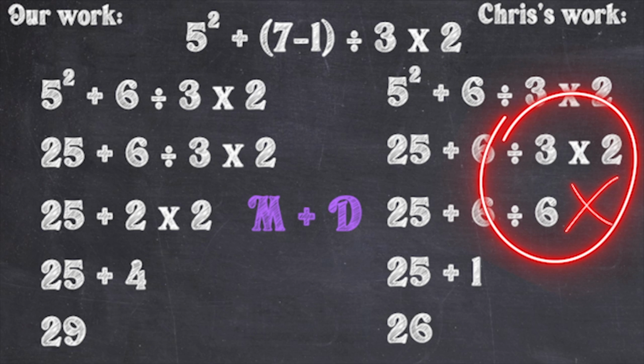Remember, we want to read the expression from left to right and complete any multiplications or divisions as you go. That means that if the first symbol you see is multiplication, then multiply first. If the first symbol you see is division, then divide first. This is a frequent mistake made by students, so watch out for this.